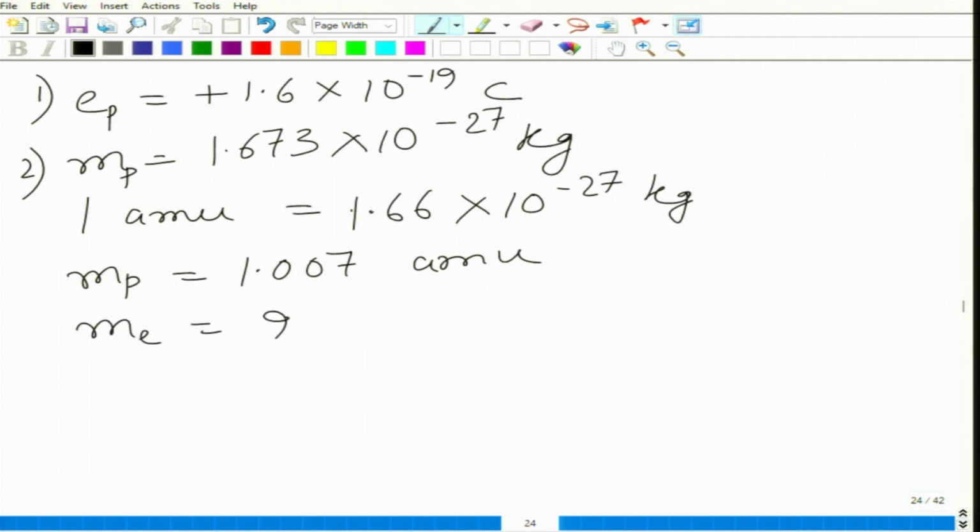Okay. Similarly, what was the mass of an electron? The mass of an electron was 9.1 into 10 to the power minus 31 kg, right?